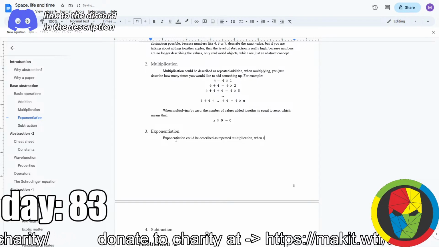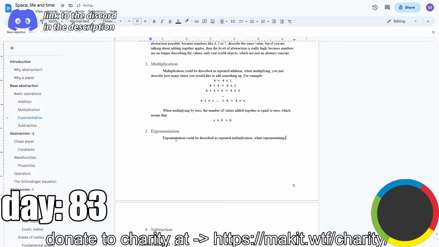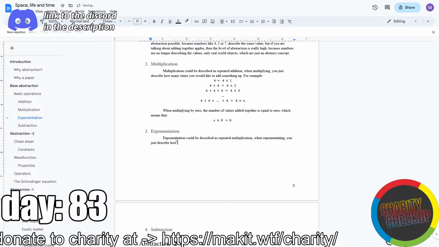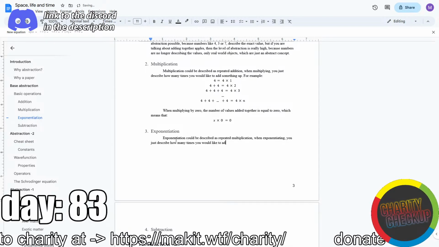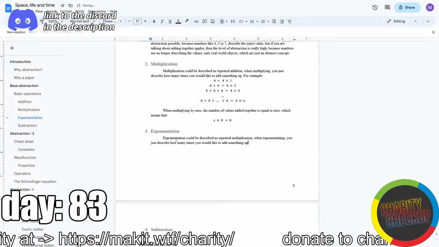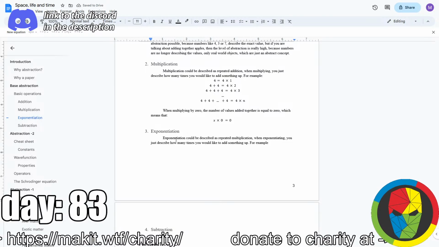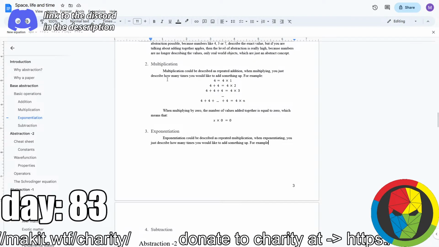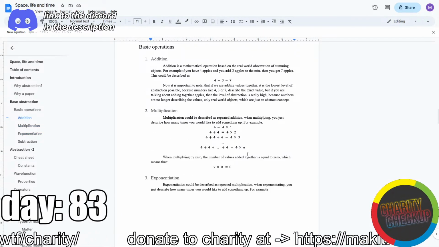When exponentiating, you just describe how many times you would like to multiply something. For example, I will expand this definition for all the stuff, but first we have to lay the groundwork like this. Then we'll have to revisit all of them.